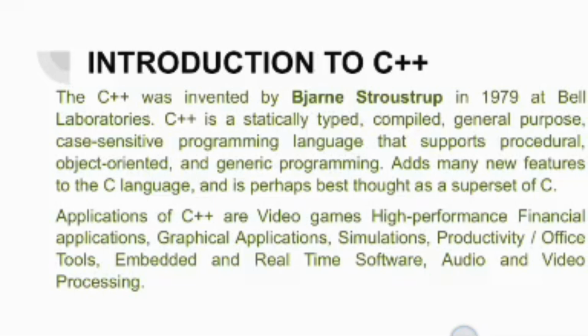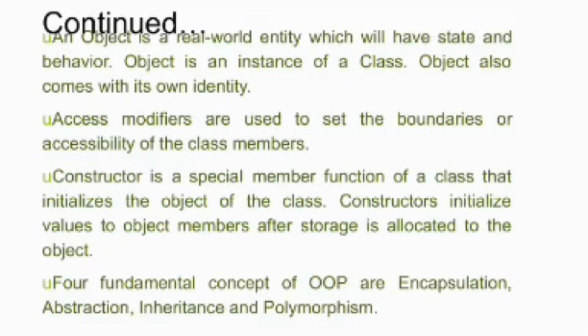It adds many new features to the C language and is perhaps best thought of as a superset of C. Applications of C++ are video games, high performance, financial applications, graphical applications, simulations, productivity or office tools, embedded and real time systems, and audio and video processing.